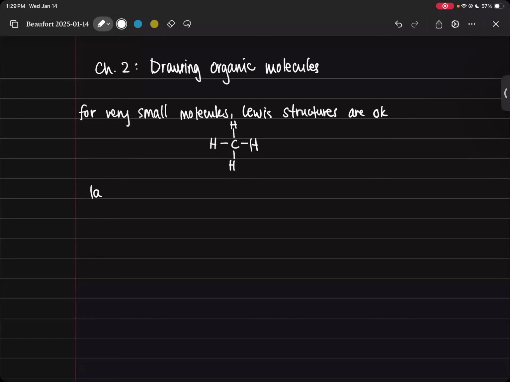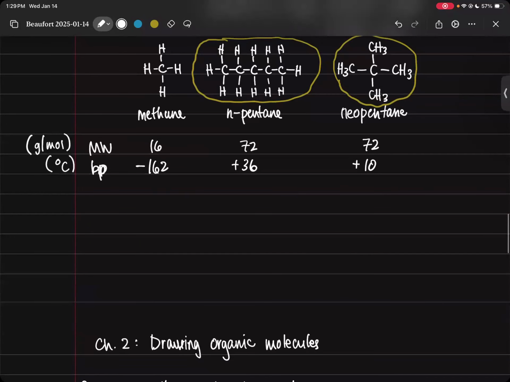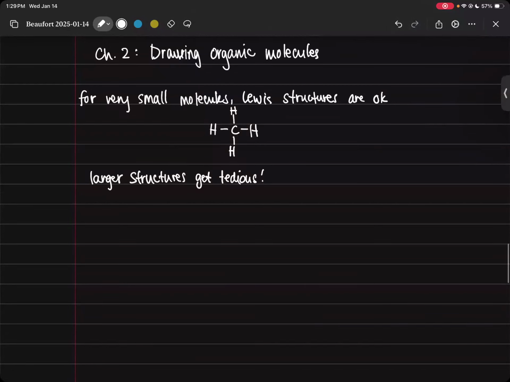But as you saw up there, it gets really tedious and really time consuming to draw a big molecule like pentane, which, spoiler alert, is not a big molecule at all. So we need a way to abbreviate this sort of stuff.